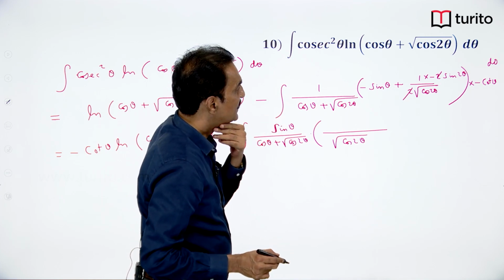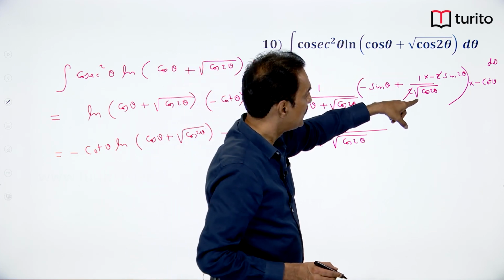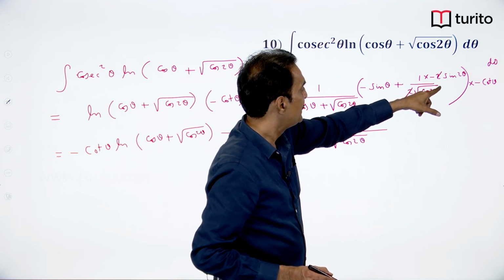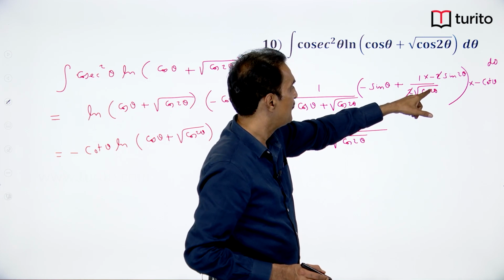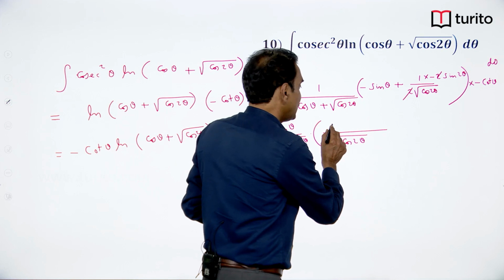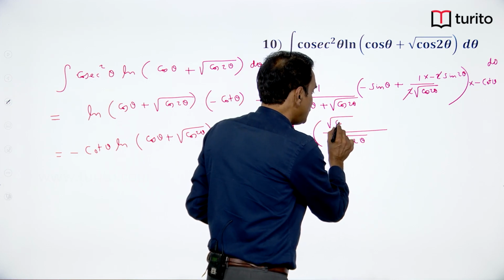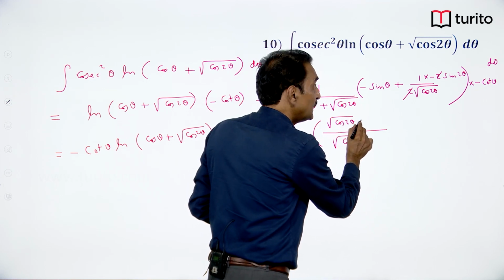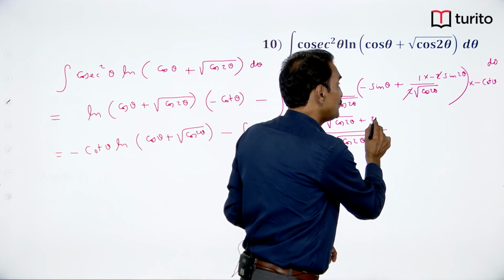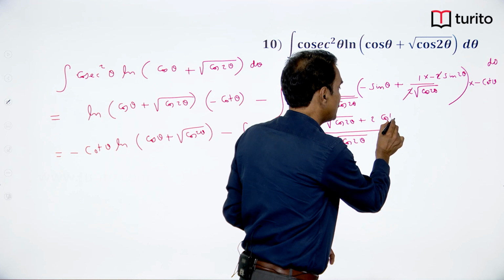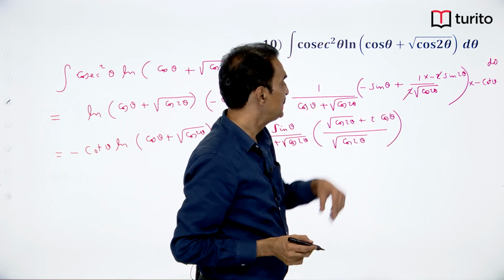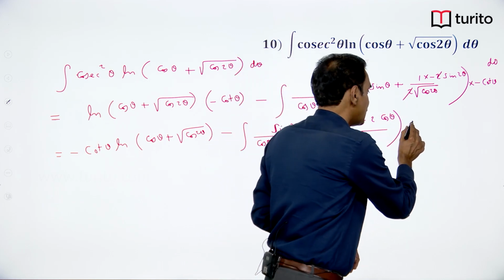Here 1 by 2 root cos 2 theta into derivative of cos 2 theta is minus sin 2 theta, it is correct. We will get root cos 2 theta plus 2 cos theta is coming into cot theta, which is cos theta by sin theta.